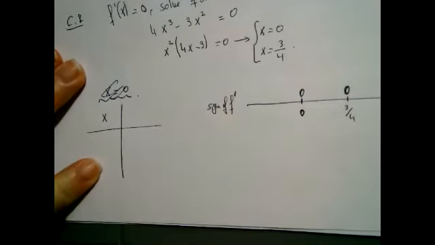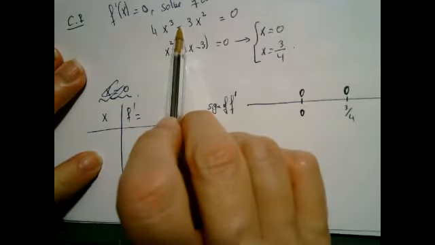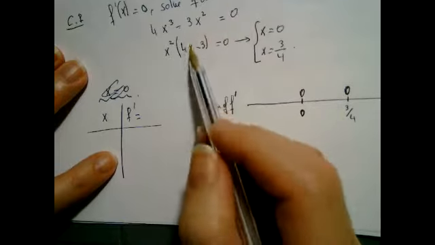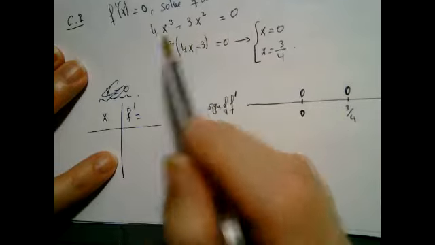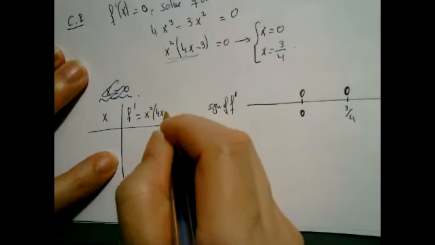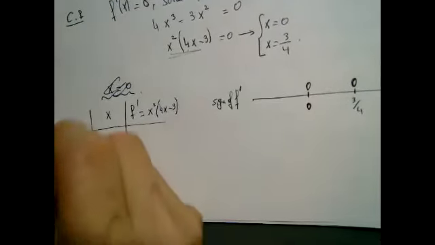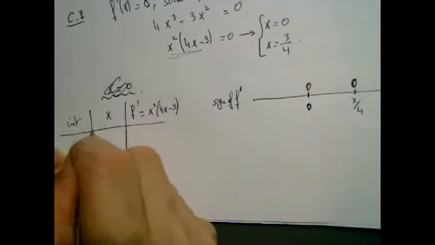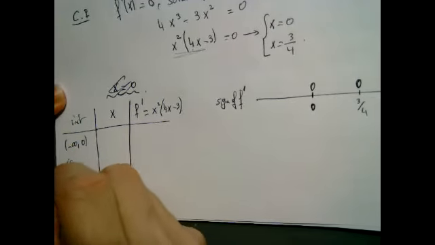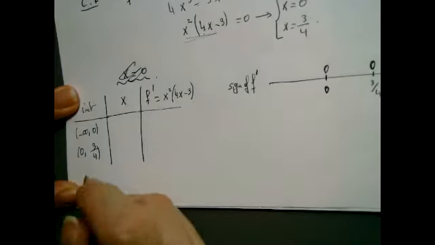Test point x and f prime. Now for f prime, I can use either this expression or this expression, whichever you think is easier, as long as you don't change it. So this one, that's easier. Now the intervals: from minus infinity to 0, from 0 to 3/4, and from 3/4 to plus infinity.